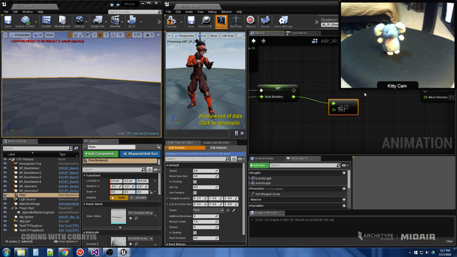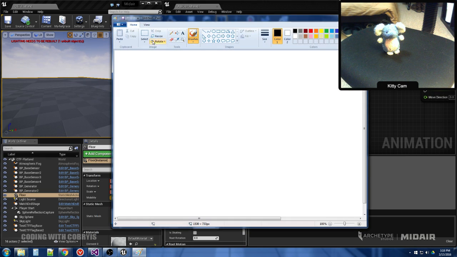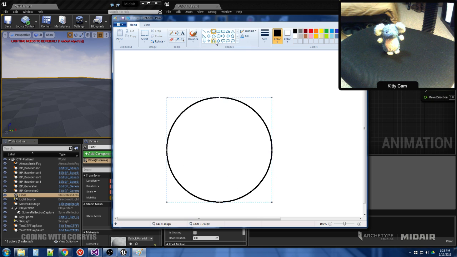Alright, so one of the angles would be from, here's our character's head. Here's their gun. Alright, so when they're moving straight along, here's their velocity.